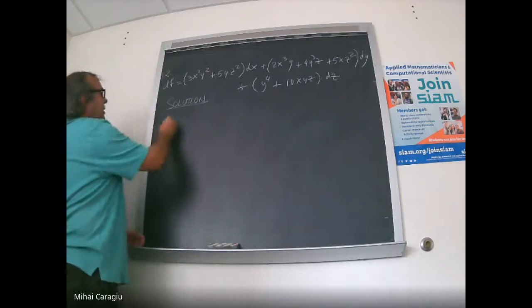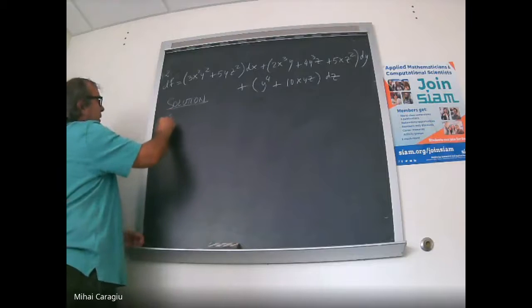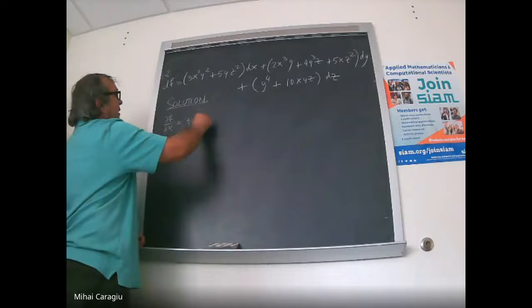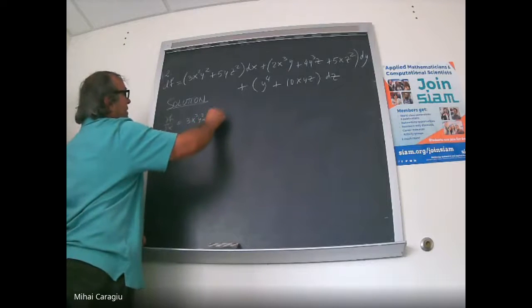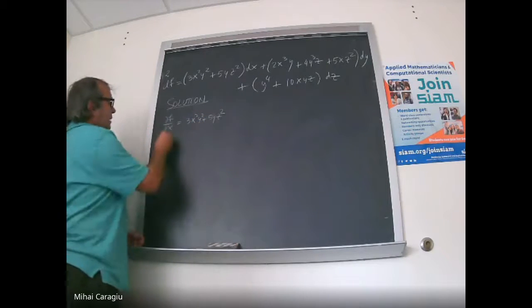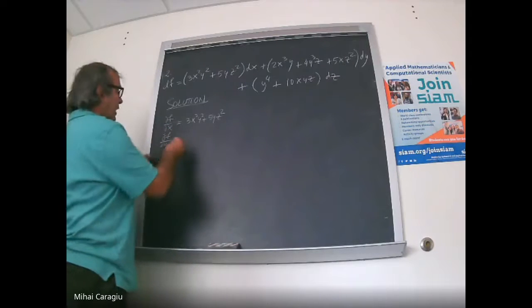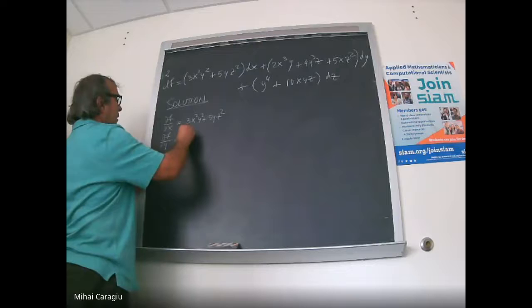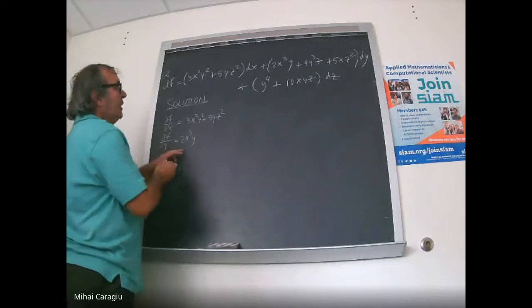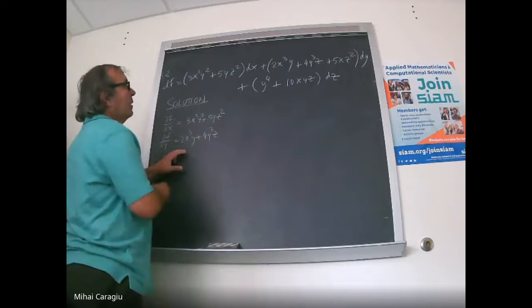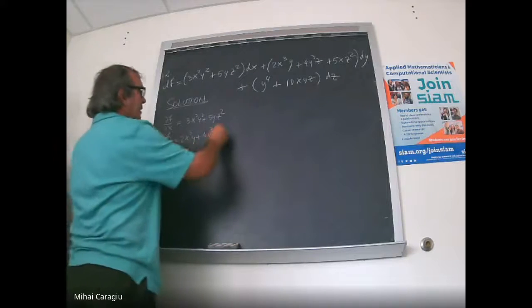So again, as before, df over dx should be 3x squared y squared plus 5yz squared. df over dy must be 2x cubed y plus 4y cubed z plus 5xz squared.